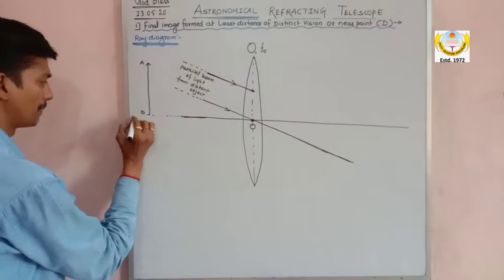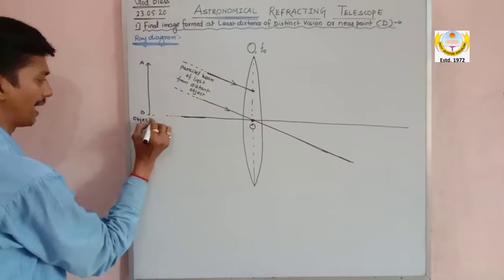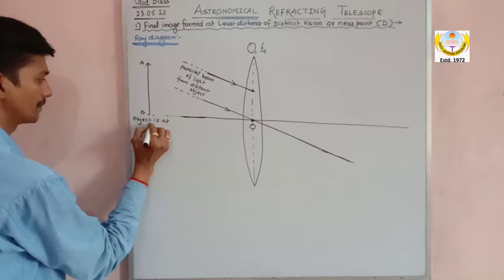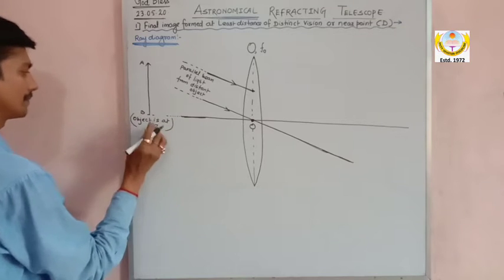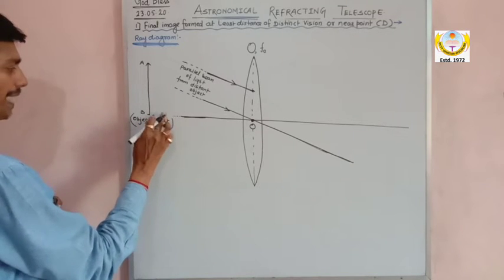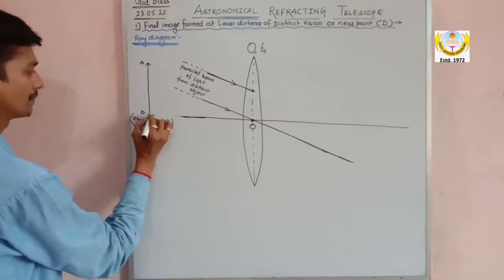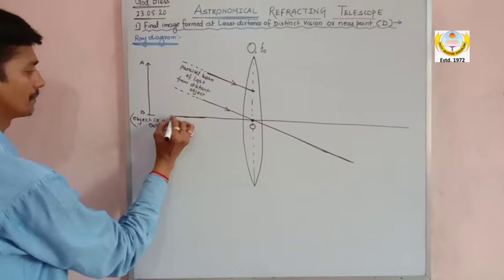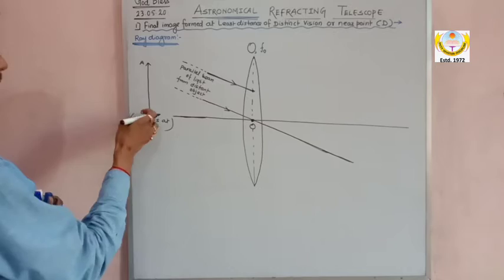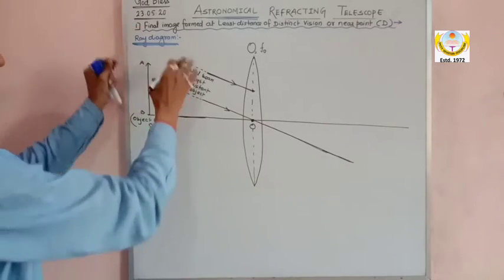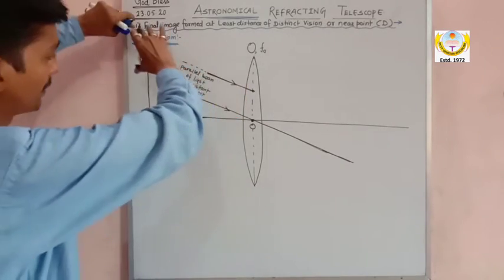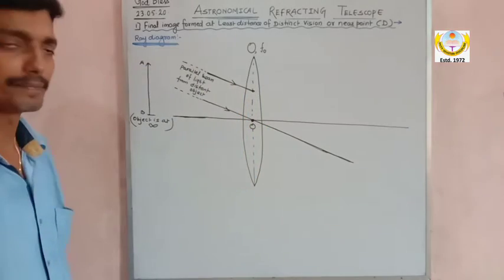But my dear, remember here the object is at infinity, so I have put a gap. You can see I put the gap so that the object is at infinity and this parallel beam of light is coming from the distant object.